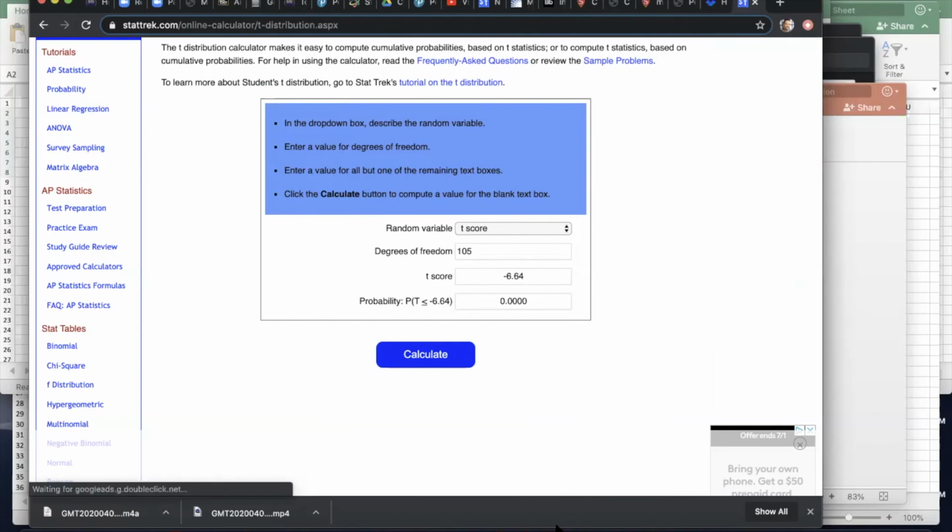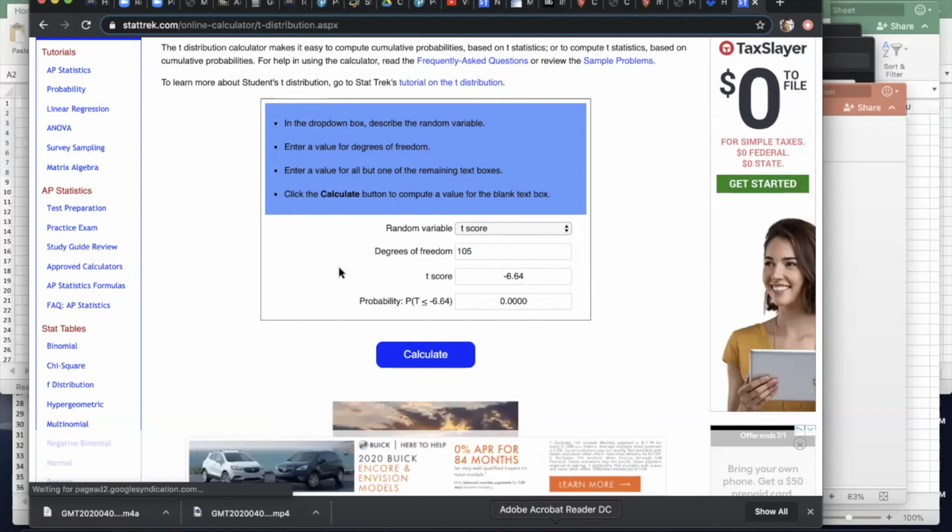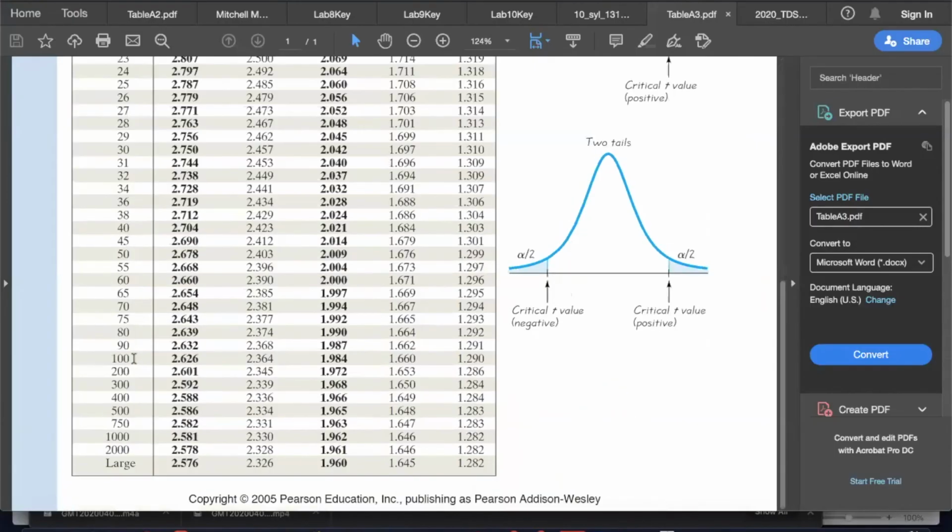And if you use the table, well, there is no row for 105 degrees of freedom. So if we just went with 100, because that's pretty close, 6.64 is greater than the largest t-value that's listed here. So I would like to draw another picture that explains what's going on here.